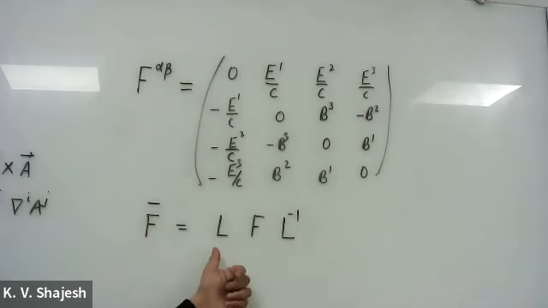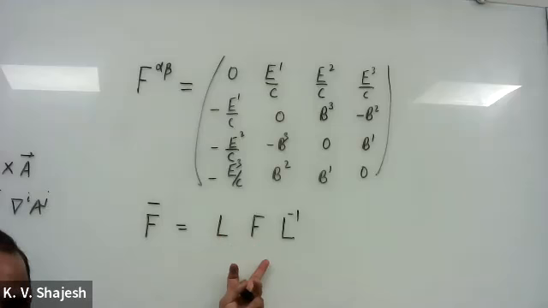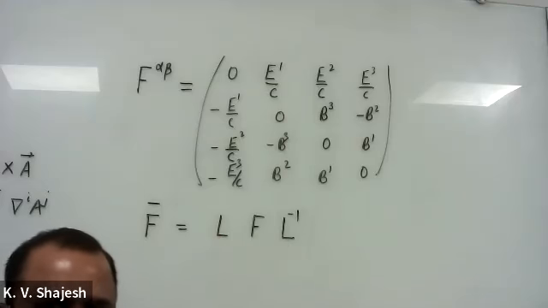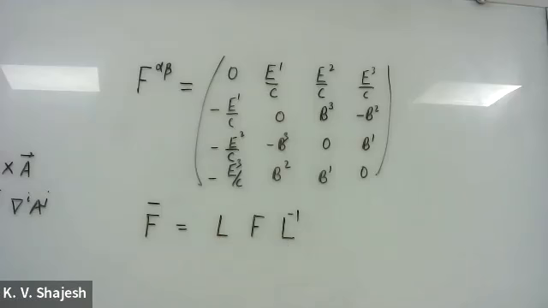A vector transforms as L times the vector. A tensor of second rank will have 2 Lorentz matrices. If it was a tensor of rank 3, then you'll have 3 such matrices. But this is also a similarity transformation. So Lorentz transformation is nothing but a similarity transformation. And what remains the same under a similarity transformation? You realize that it's the eigenvalues.